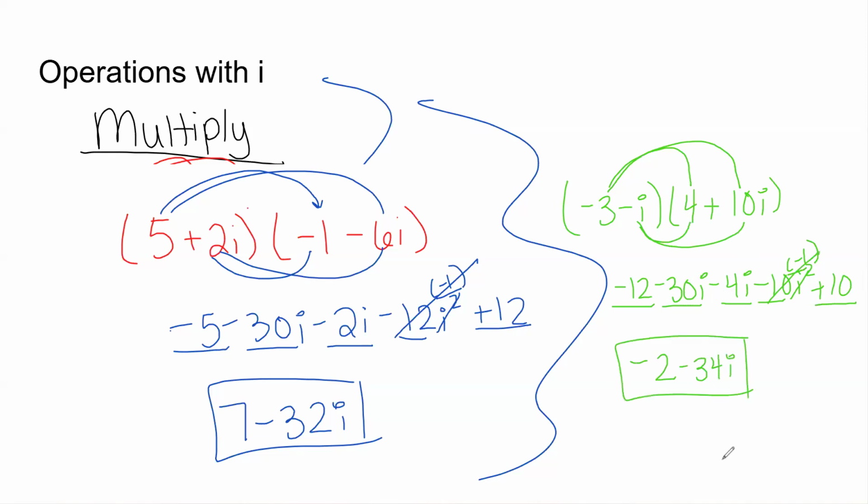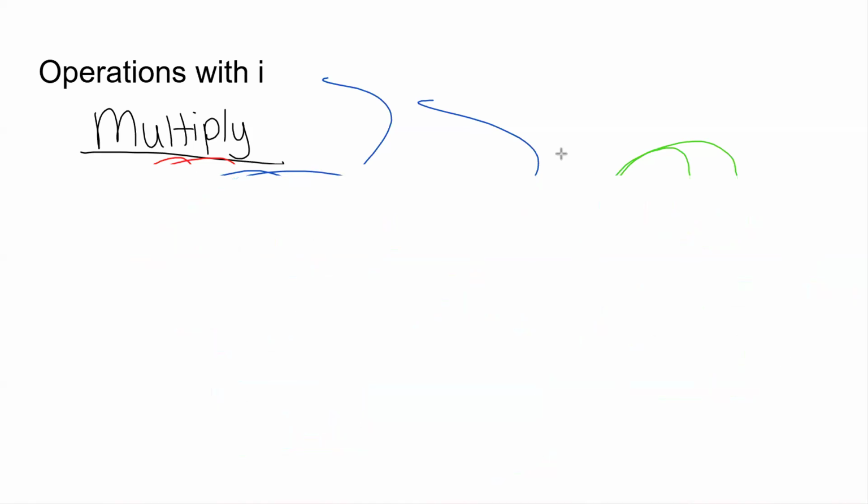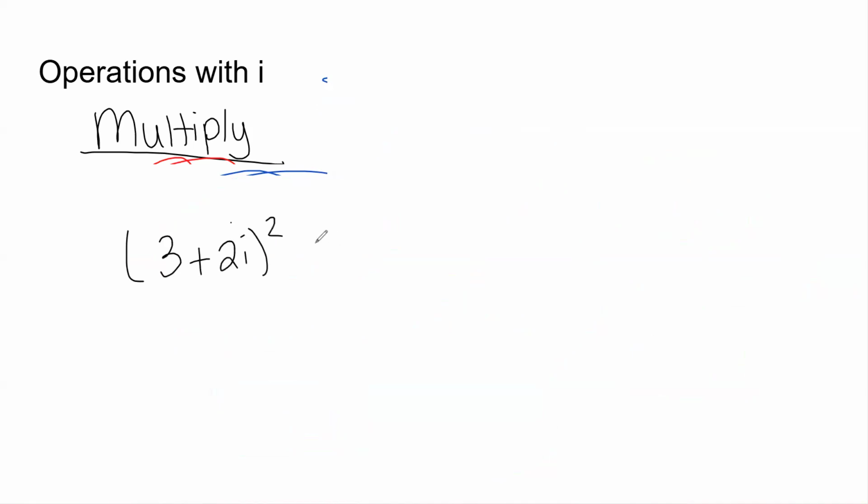Okay. And then I guess the only one I'd like to do is if it's squared. So if it's 3 plus 2i squared, just rewrite it: 3 plus 2i, 3 plus 2i.